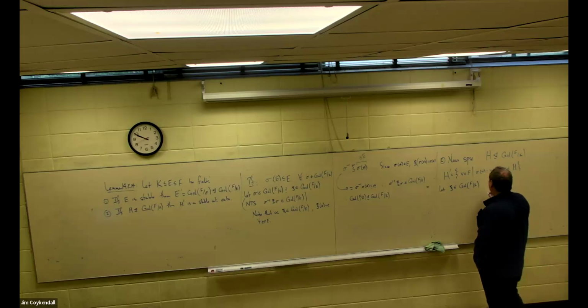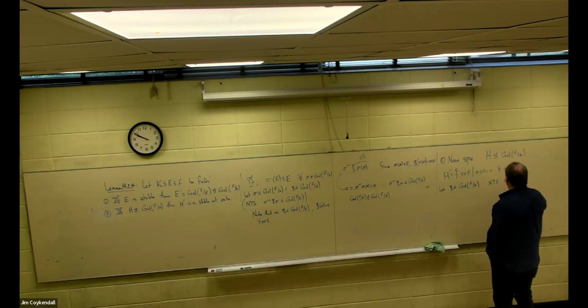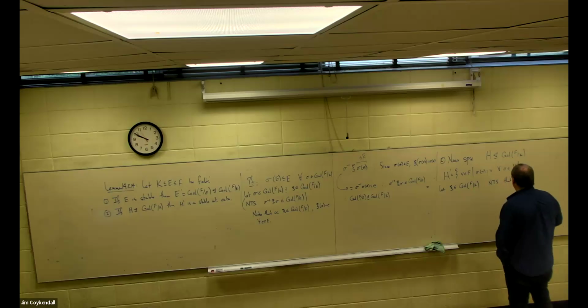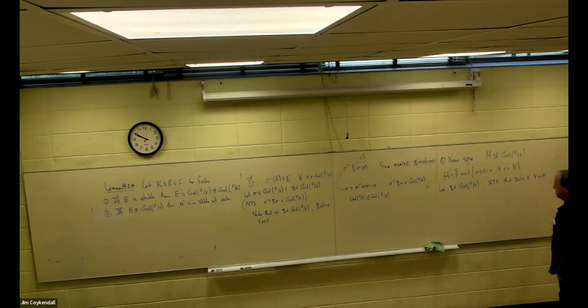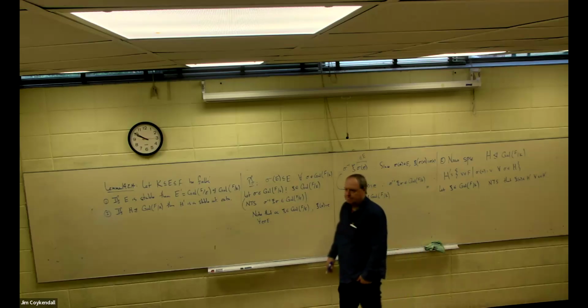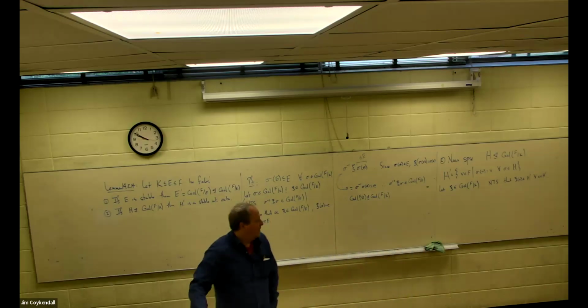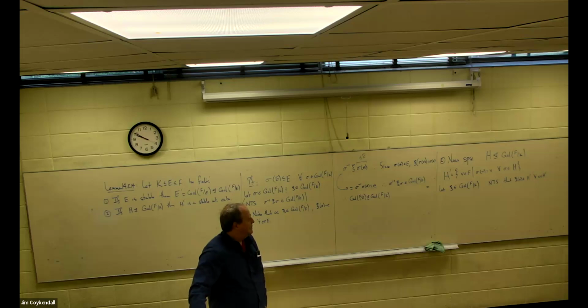And we need to show that tau v is in H prime for all v in H prime. And we need to use normality.